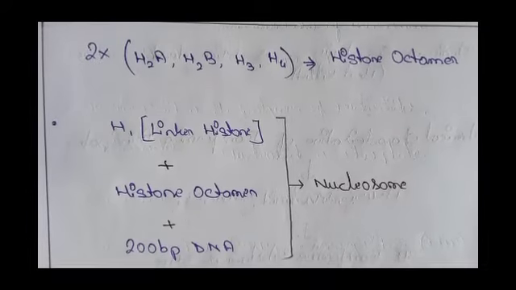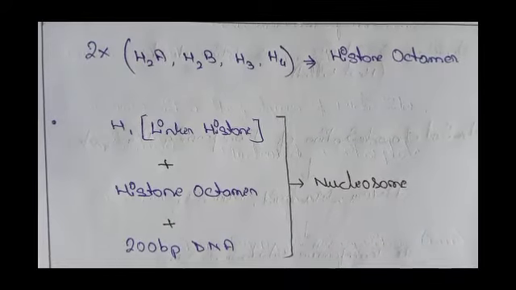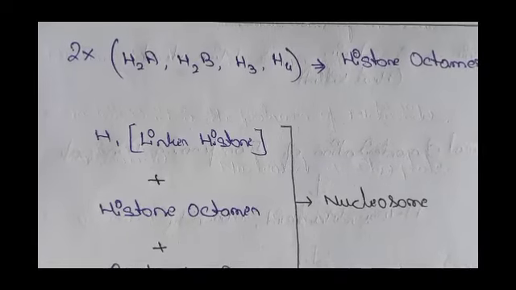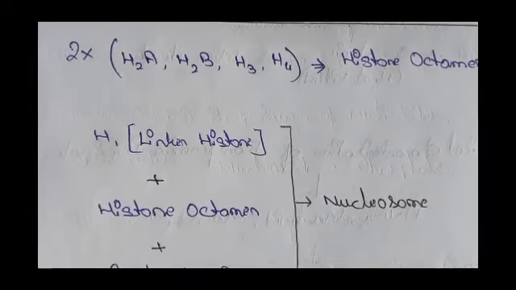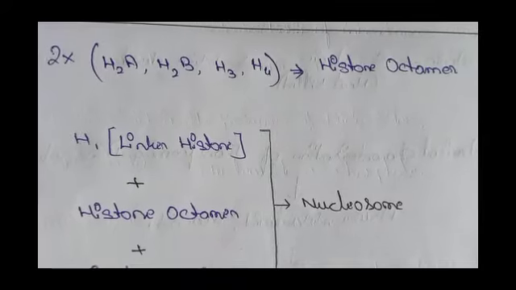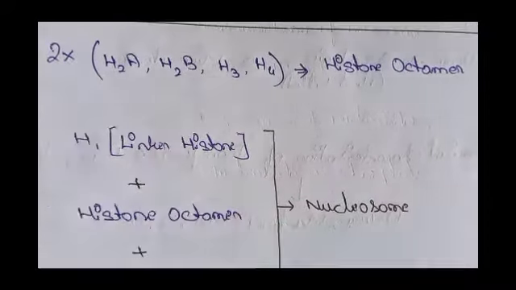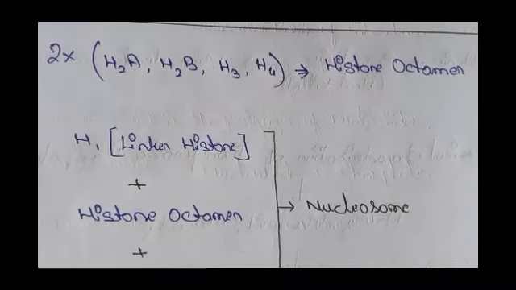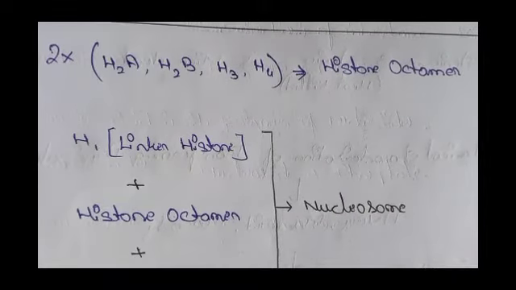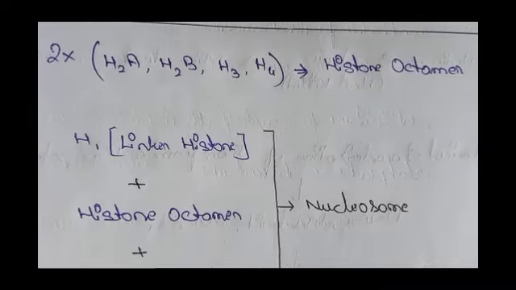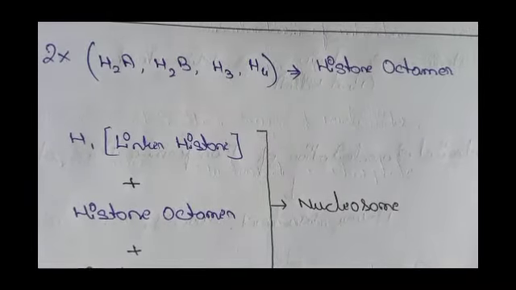H1 is called the linker histone protein; it has the main role in packaging. The other proteins, H2A, H2B, H3 and H4, are arranged in a cube shape.